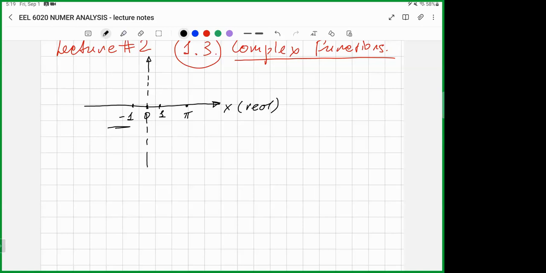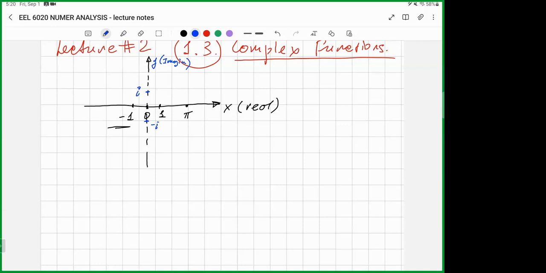Let's suppose we have the axis orthogonal to the axis X, and instead of 1 on real X, we use the unit called I here, and of course minus I here, and we name this axis Y, imaginary numbers. So real numbers, imaginary numbers.